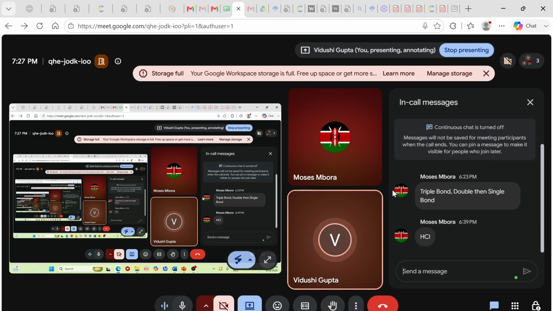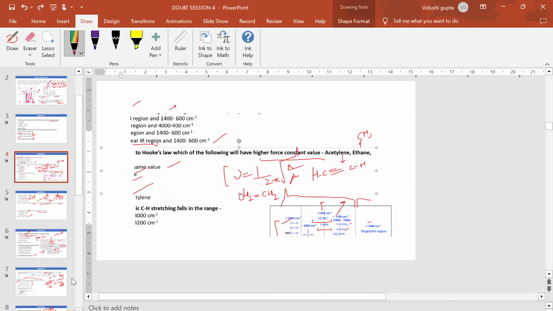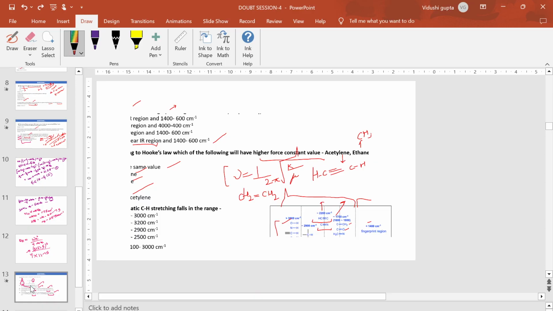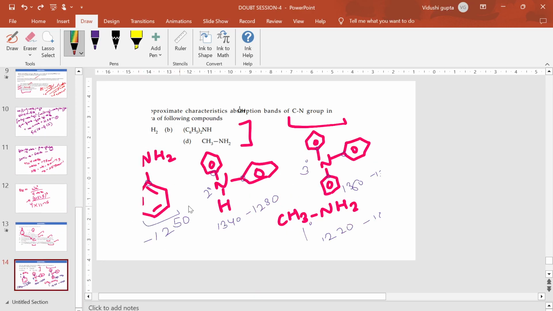Like if you talk about carbonyl, in carbonyl you will have ketones, acids, esters, aldehydes. They all generally come at 1700, but it may vary depending on whether it is a ketone, acid or ester. Similarly, we talked about amines today. In amines, you have primary, secondary and tertiary amines, and all have different absorption values.